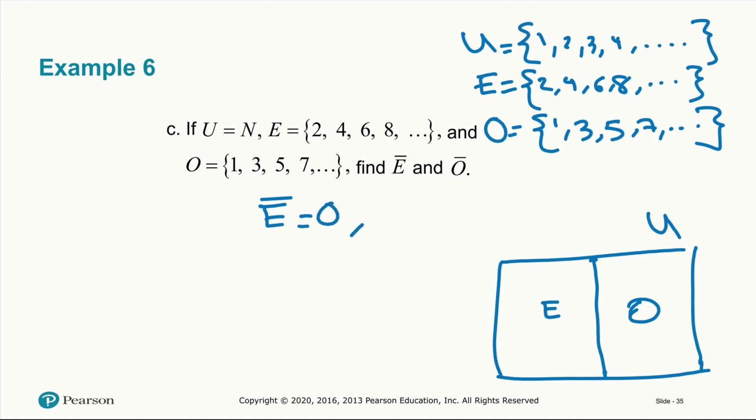So that's O. And what is O bar? I think you see where this is going, right? What are the natural numbers that are not odd, right? That's what's left over, all the natural numbers that are not odd. Well, that would be all the what? All the even numbers, right? So here we go. All right. Always spell it out. It helps to see it a little bit easier.